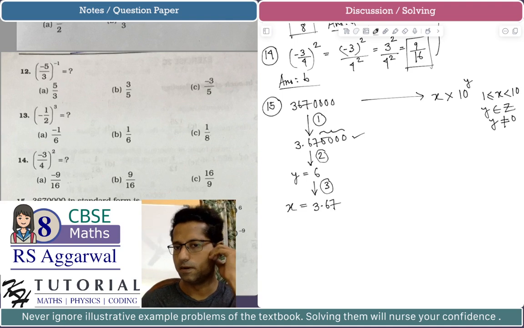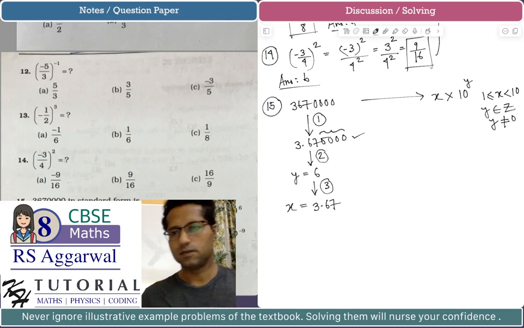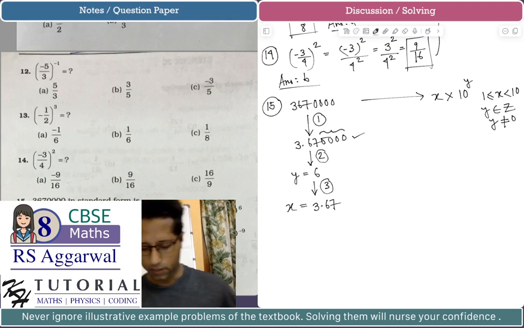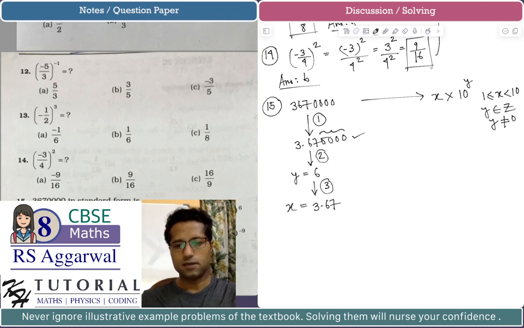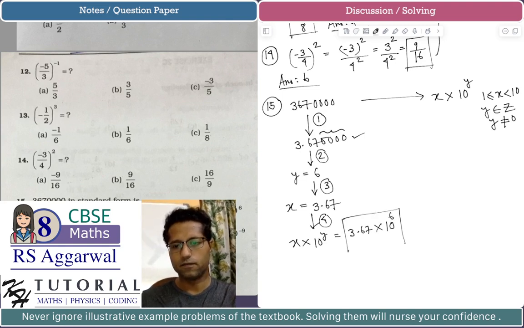In a decimal number, in the decimal part, the trailing zeros are useless. They can be ignored. So I have x equals this, and the final step is the number in standard form will be x multiplied by 10 to the power y. So this is equal to 3.67 into 10 to the power 6. So this is the number in standard form.